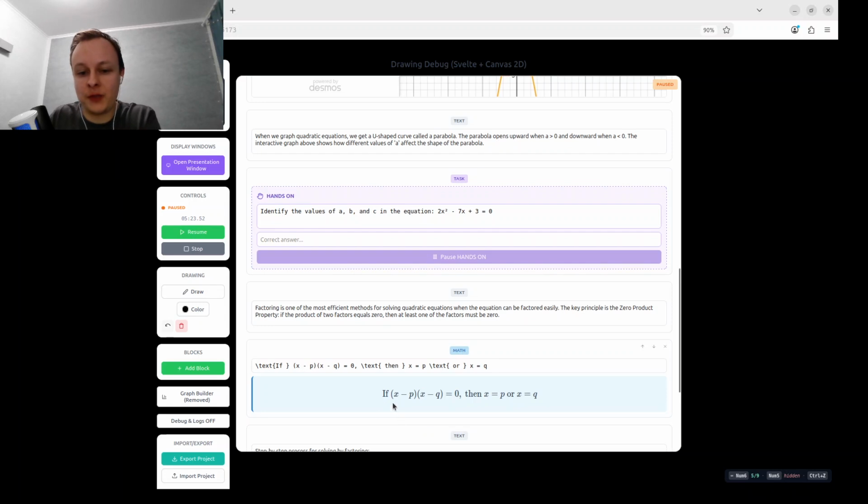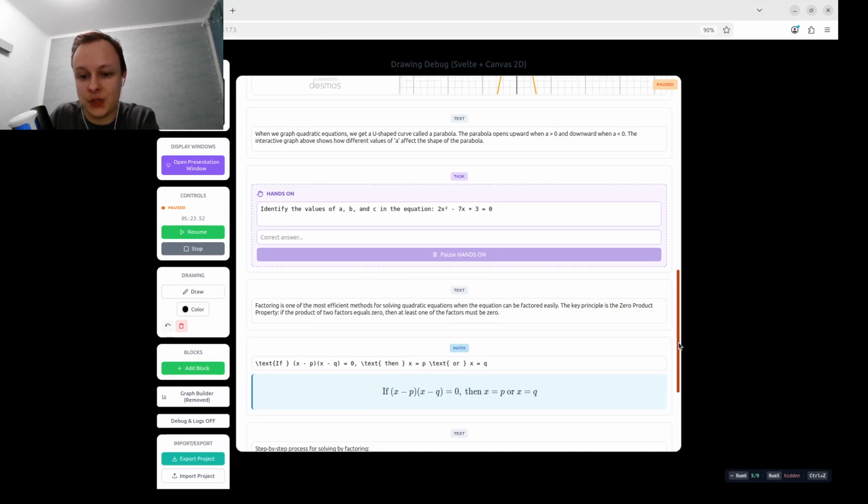Basically, we are trying to find such an x that this part might be 0, or maybe this part will be 0. So this is the method by which we can find the right solutions for our equation.